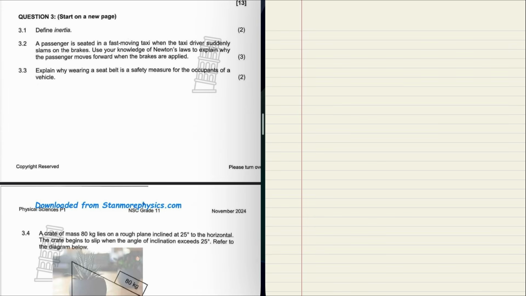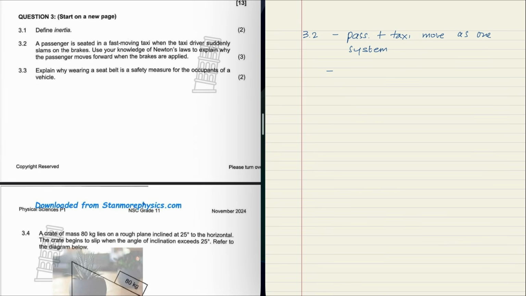So 3.2, when the taxi is moving, the passenger, so I'm just going to write PASS, and taxi move as one system, right?